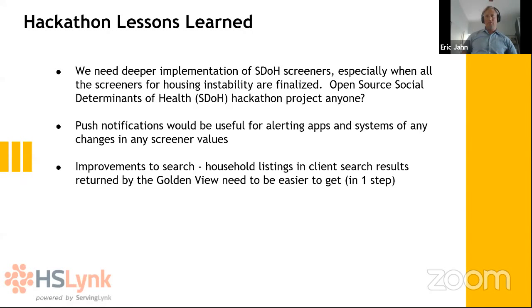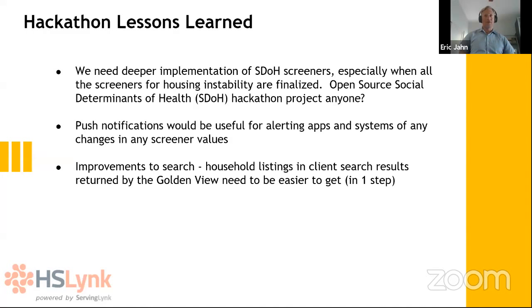We need the screeners to be defined in relation to the HUD, the Department of Housing and Urban Development's, Homeless Management Information System model. So this will happen as Gravity releases, goes beyond the draft specification for housing instability. That would be a great project to get a web ontology for those screeners, and also to get HMIS as a web ontology. Then we're all on the same level as FHIR.